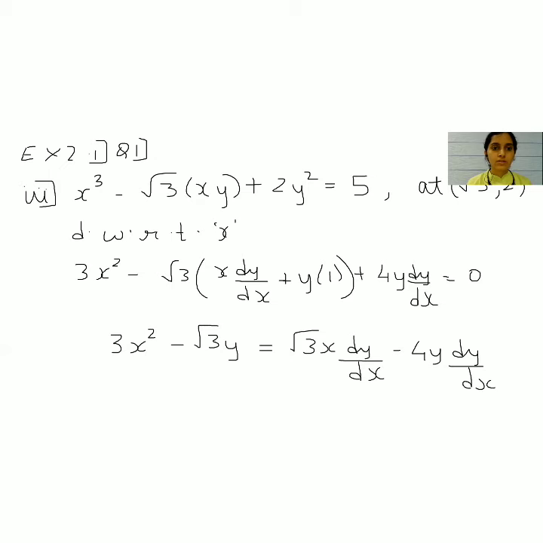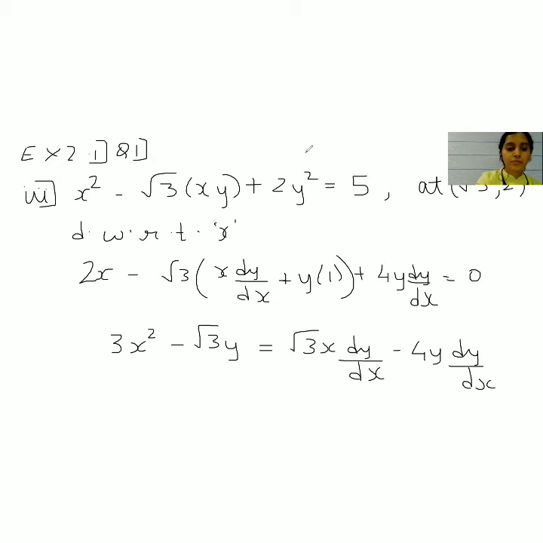One mistake we've made here. We've taken x cube, but it should be x square instead of x cube. Sorry for this. So its derivative will become 2x.